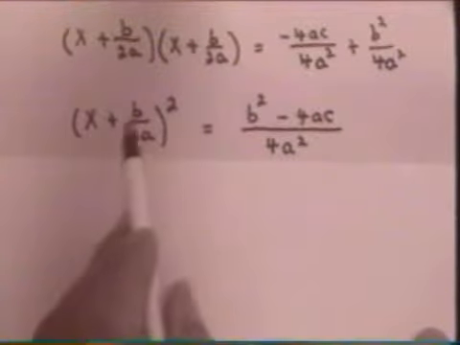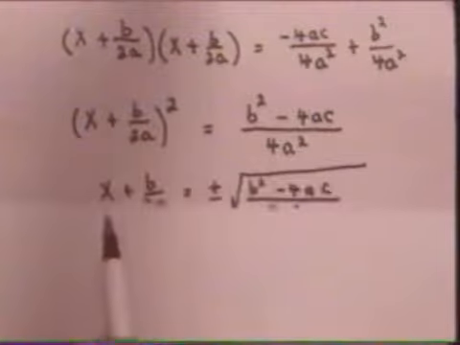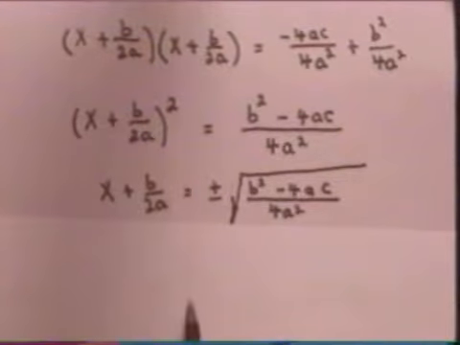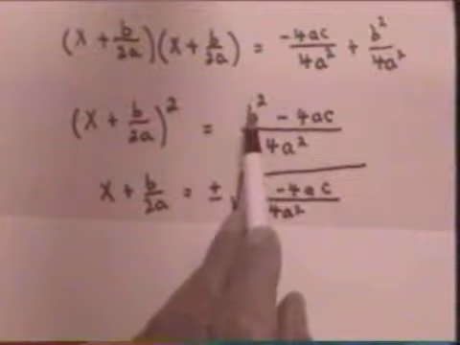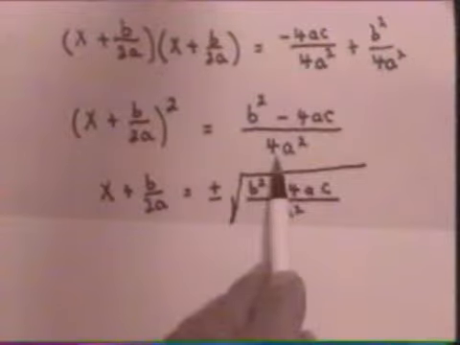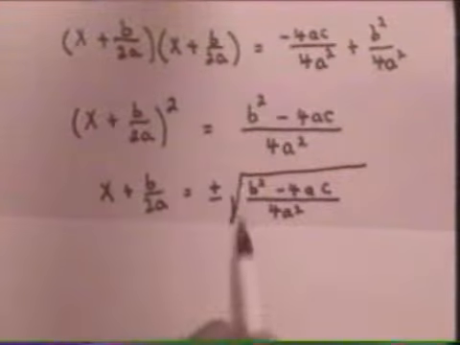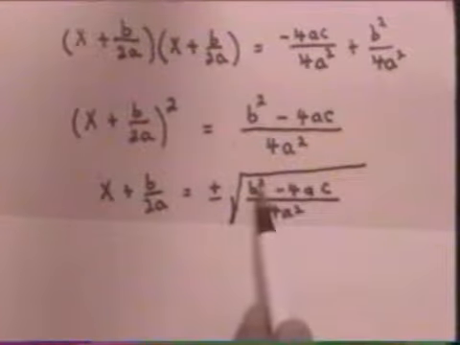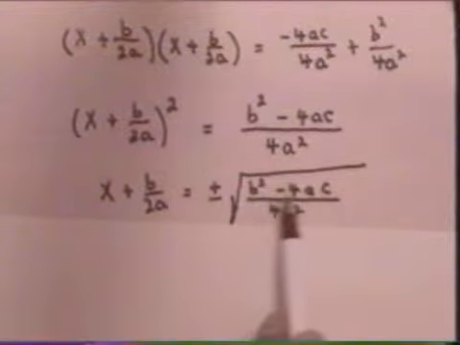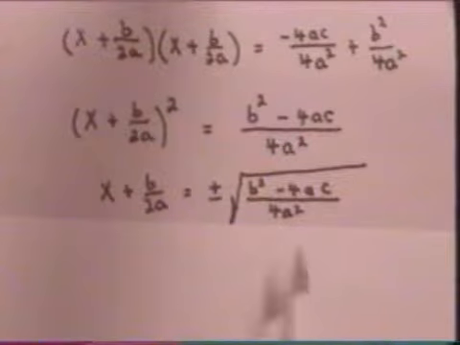The square root of x plus b over 2a, quantity squared, is just x plus b over 2a. Now this is all just a constant, so I have to write this plus or minus the square root of that constant: plus or minus the square root of b squared minus 4ac all over 4a squared.